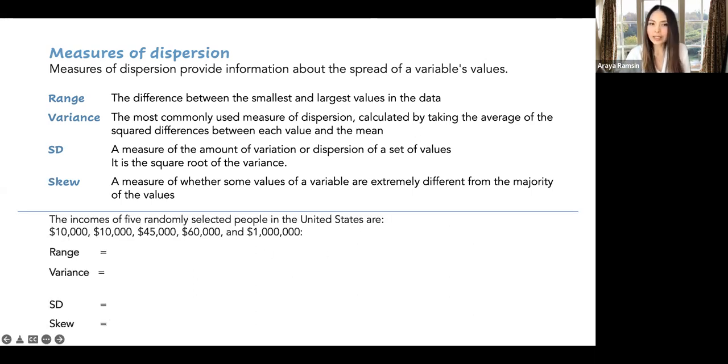Now look at a quick example. Actually it's the same example, same numbers. So the incomes of 5 randomly selected people in the United States, again, are 10,000, 10,000, 45,000, 60,000, and $1 million. So what is the range?